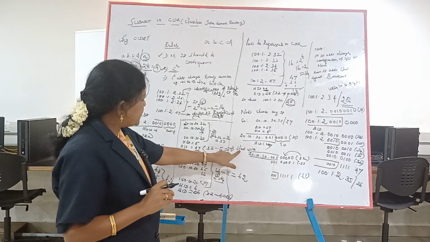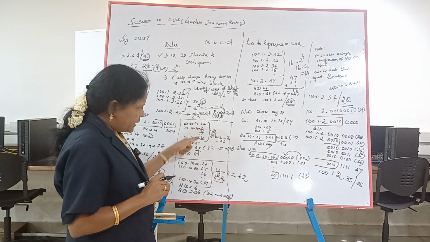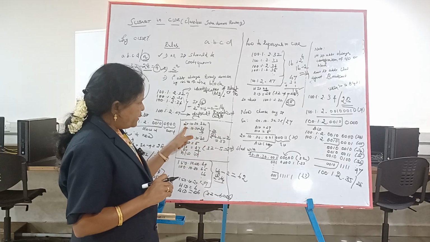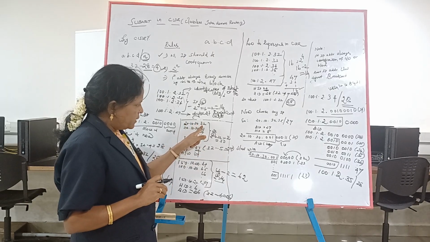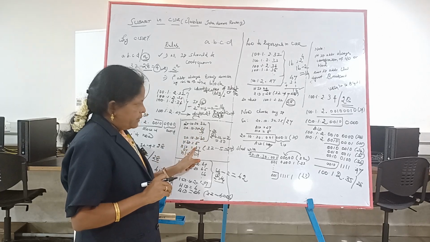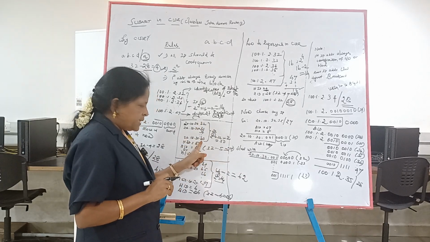Now consider one more example. For example, in this we already have a list of IPs starting at 20.10.30.32, right? From this we are going to generate the range from 32 to 63.